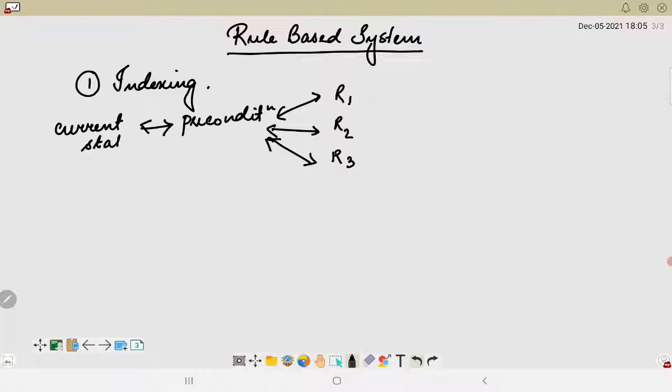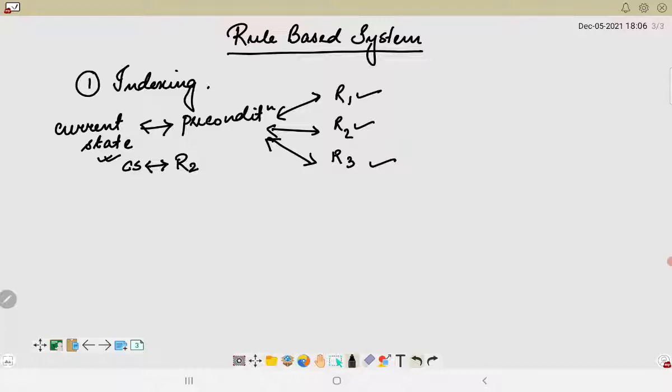In this process, the current state is matched with each of the preconditions which are available, and it will extract only those which match. Maybe the current state matches with R2, so R2 would be selected.